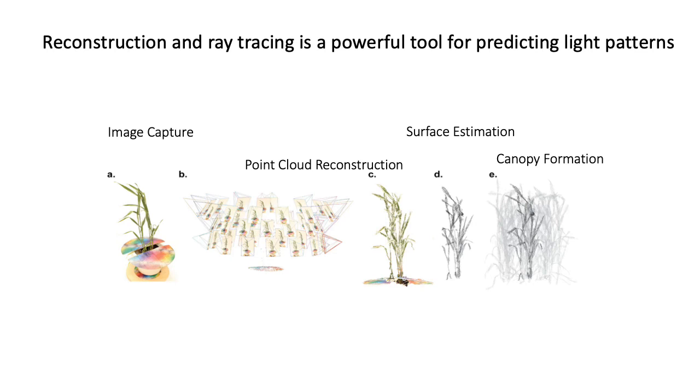By capturing images and recreating a canopy using several representative plants from that reconstruction and surface estimation process, we can then apply ray tracing in order to predict light patterns within that canopy, and then we can link this to photosynthetic properties.